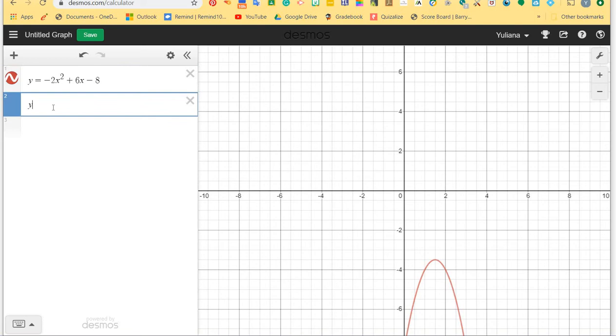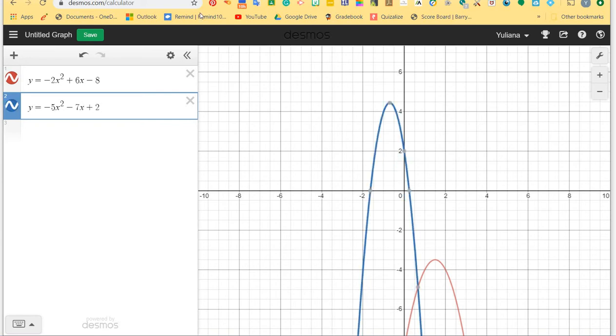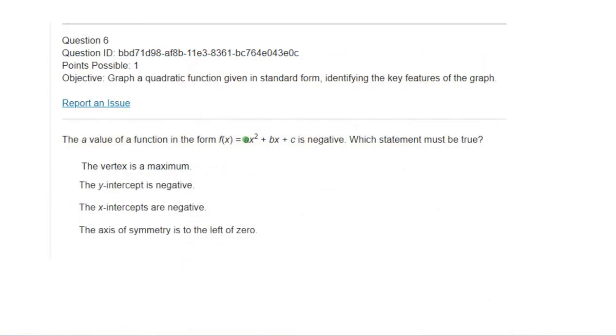If I graph another one with a different negative number, what you're going to notice is that they are all going to be facing downward. They're going to look a little bit different, but since this is a negative value, they're all going to be opening downwards, and so the vertex is always going to be a max.